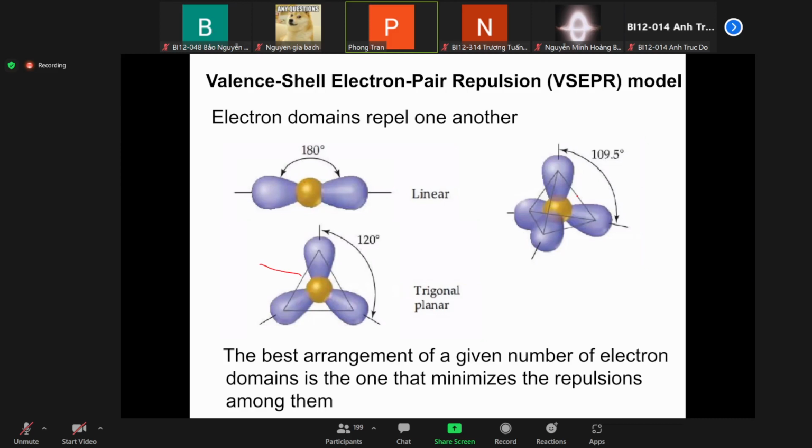That also means this atom, sorry, can have a maximum of 4 electron domains. Okay, electron domain is a volume of space where you can find electron. It's quite similar to the concept of orbital.